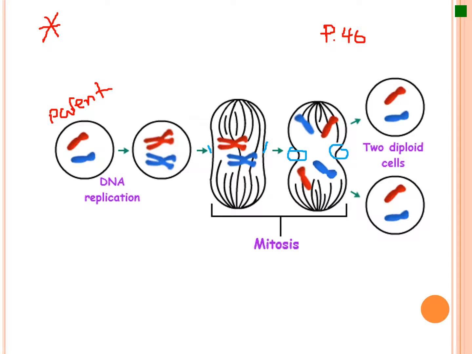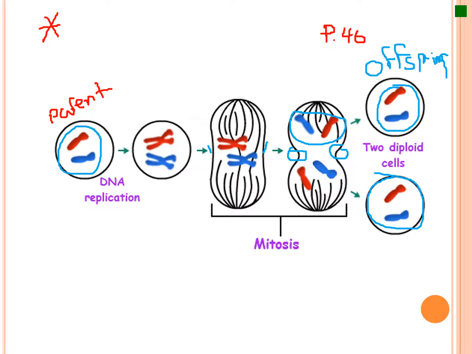And when they snap off, look at this, you get the same number of chromosomes in the offspring as originally in the parent cell. If you notice, the offspring have the same number, sorry, not of cells, of chromosomes as the parent cell.